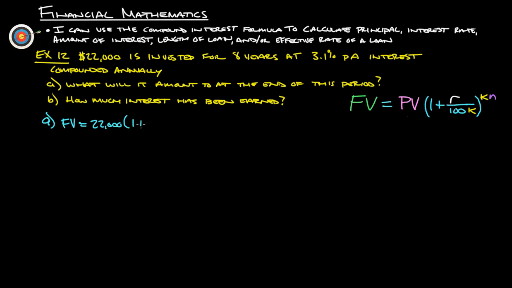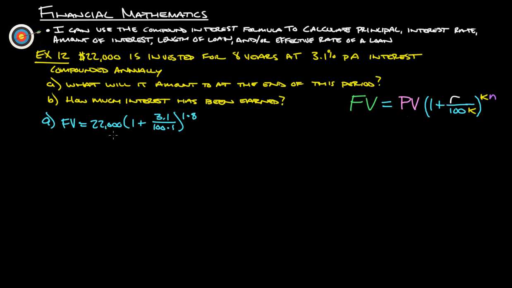Then 1 plus our rate, 3.1, divided by 100 to turn it into the decimal, and also multiplied by the number of compounding periods per year. Since it's compounded annually, this is just a 1, and so this other k is also just a 1. And then this is for 8 years, times 8.